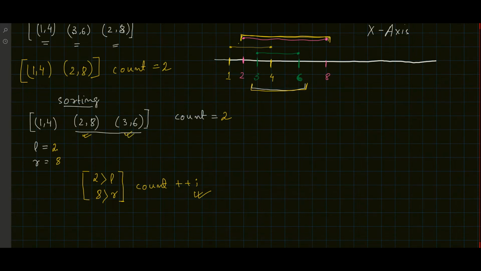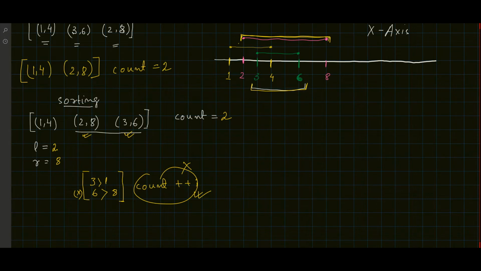We can see that 3 is greater than left, well and good, but 6 is not greater than 8, right? This second statement is wrong here, so we can't increase the count.